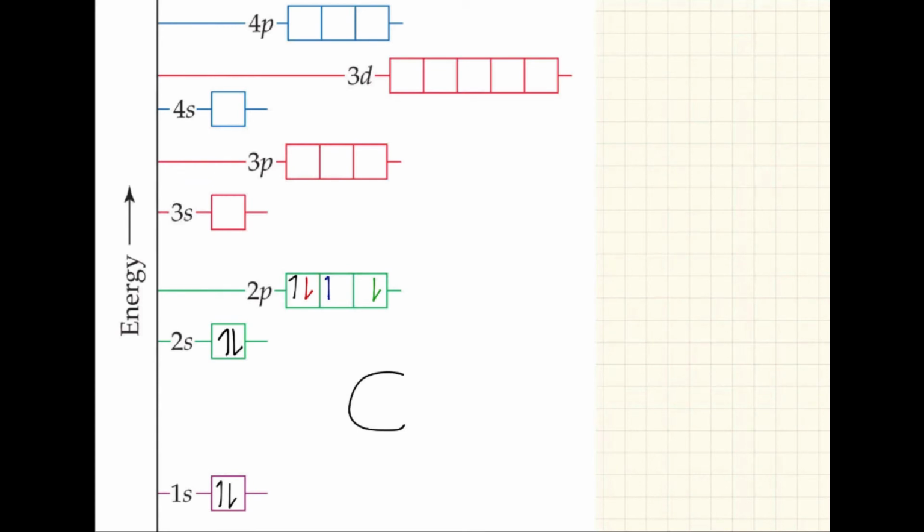In the first case, what we like to do is we prefer what are called high spin states. So high spin states are generally more stable than low spin states. So what does that mean? What does a high spin state mean? Well, let's take a look at our diagram right now.